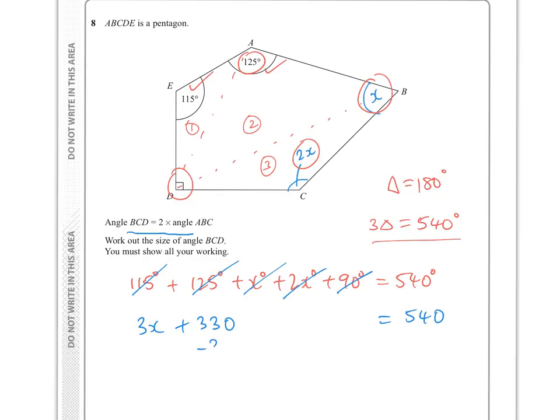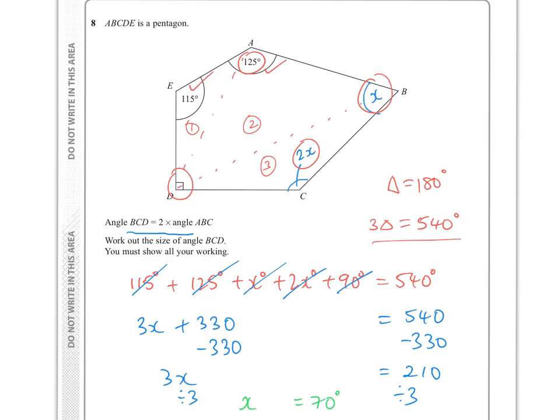So I'm going to take 330 from both sides. And that gives me 3x equals 210. And then I'm going to divide both sides by 3. And that's going to give me x equals 70. But that's 70 degrees, okay?